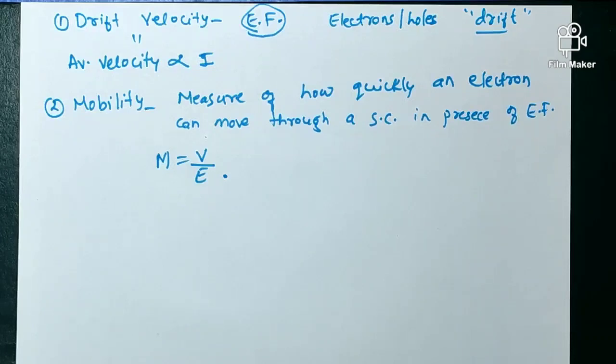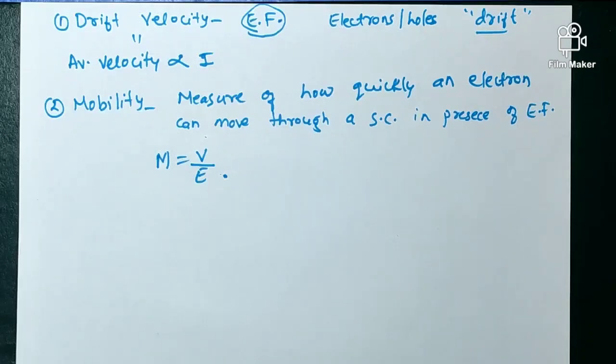Again, there are two types of semiconductors, because in semiconductor physics we are going to concentrate more on semiconductors. One is the intrinsic semiconductor and the other is the extrinsic semiconductor. An intrinsic semiconductor can also be called an undoped semiconductor, or a semiconductor in its purest form.